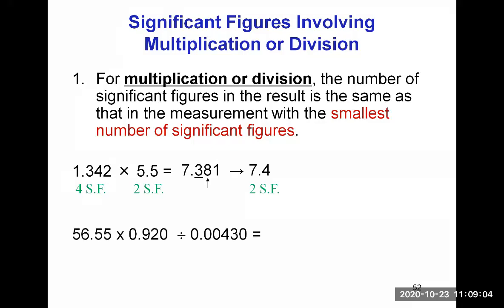Another example, 56.55 times 0.920 divided by 0.00430. Let's determine the number of significant figures in each of the numbers. So 4 sig figs for the first one.